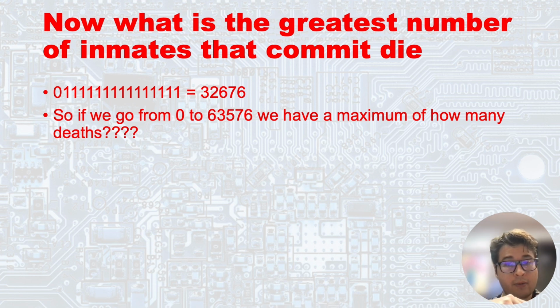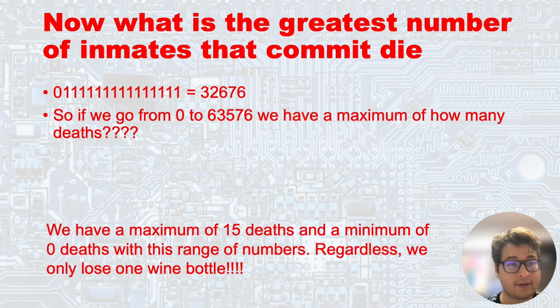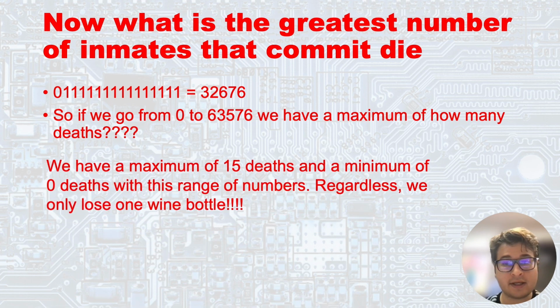Well, there's a maximum of 15 inmates dying, and that is in the case in which the bottle that represents 32,676 in base 10 is poisoned, which means that it'll be the 32,677th bottle. And that'll be it. So yeah, 15, like a quinceañera.